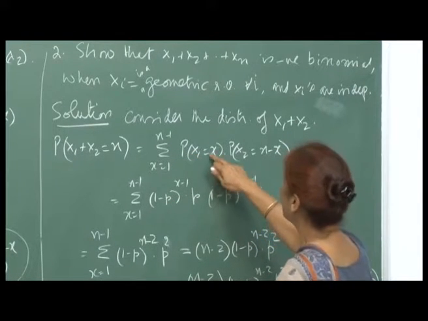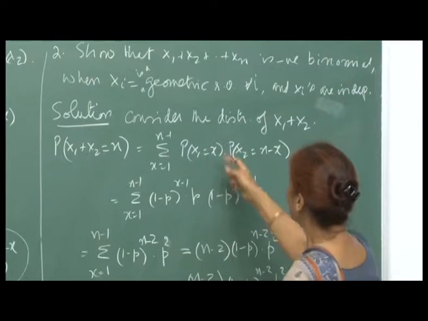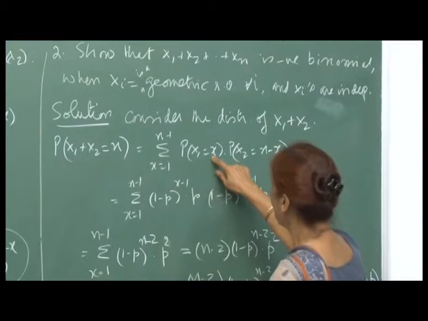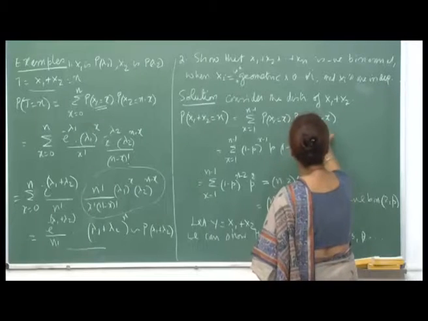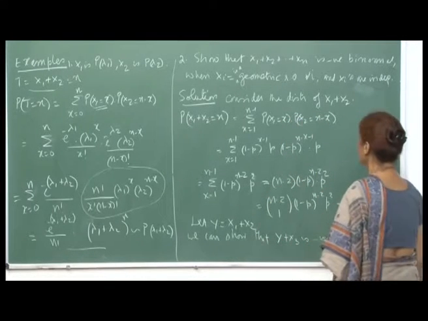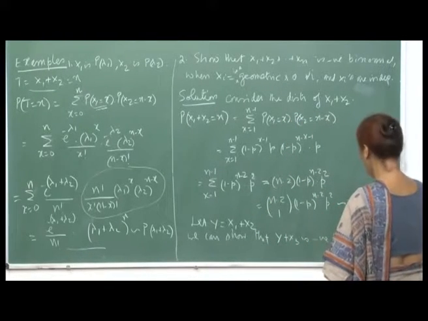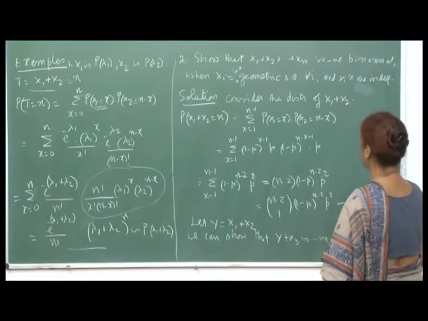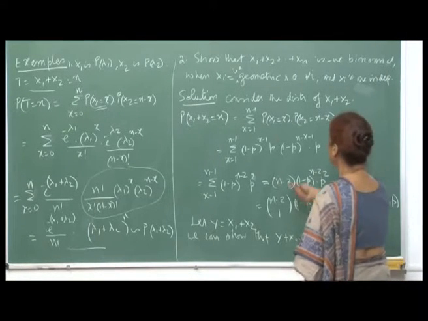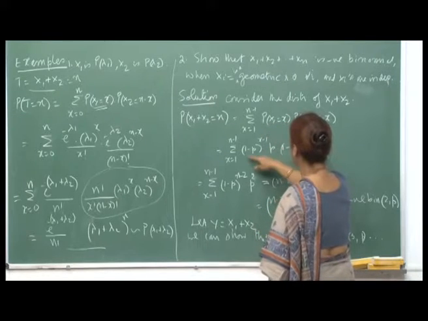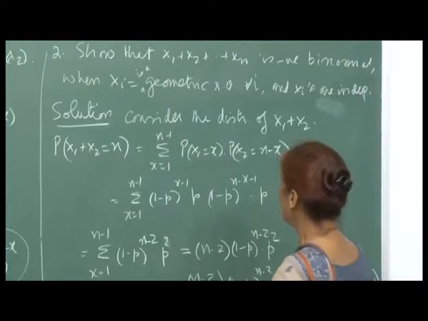If I fix X_1 at x, that means for the first geometric random variable the first success occurs at the xth trial, then for the second one the first success will occur at the (n minus x)th trial. The probability of X_1 equal to x is (1 minus p) raised to x minus 1, into p.